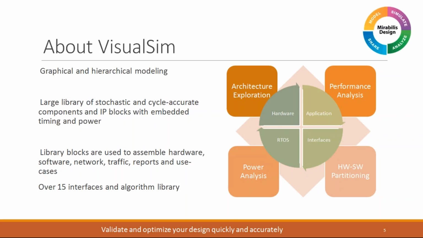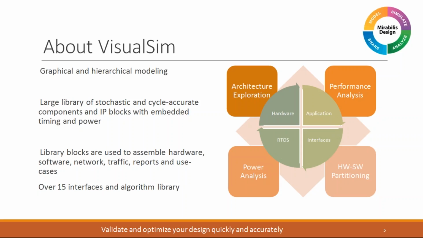So partitioning of your hardware and software actually predominantly depends on the performance that you're going to get by doing hardware and software partitioning, and also at the same time, what is the power consumption impact on that particular distribution as well.